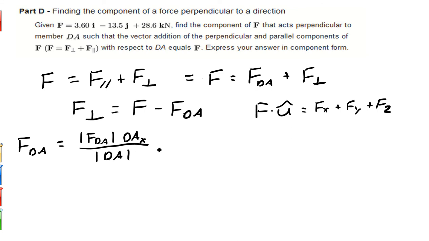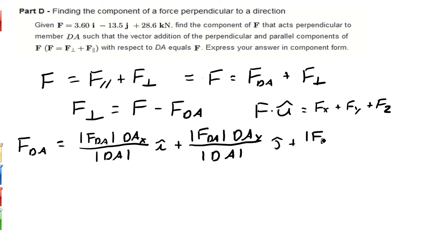That'll give us our direction in the I. And then we need the magnitude of F dA times dA in the y direction divided by the magnitude of dA. It's getting a little repetitive. Then dA in the z divided by the magnitude of dA.